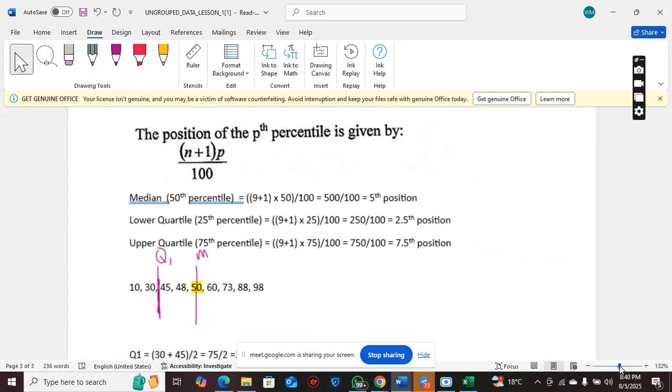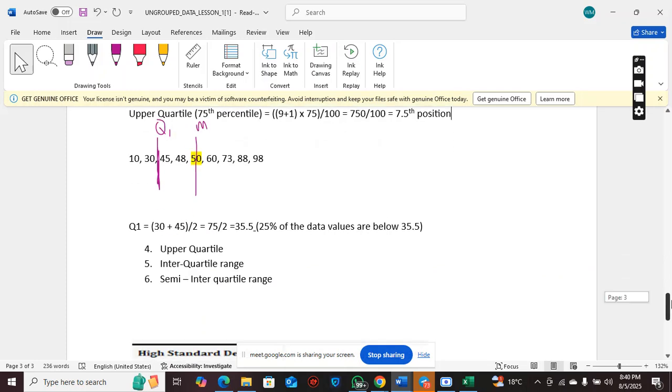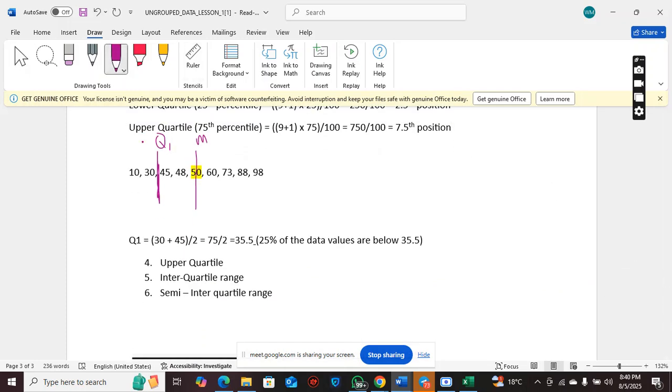So if we come to our data set here, we count 1, 2, 3, 4, 5, 6, 7. So 7.5 is between 73 and 88.